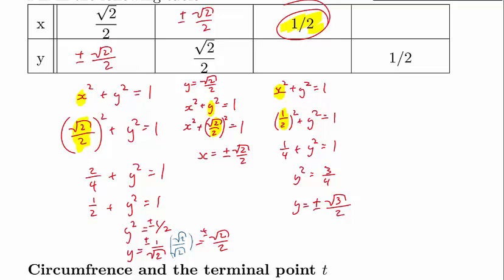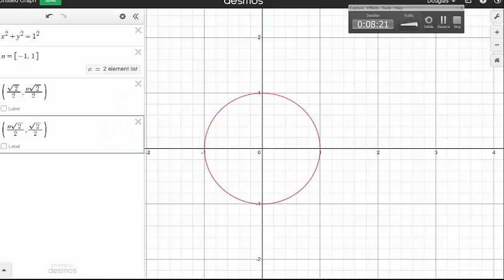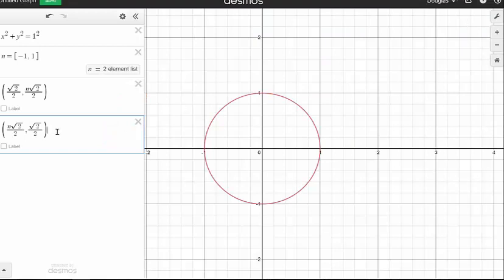Alright, so that is our result. Let's put that in the table. Again, positive or negative root 3 over 2. Okay, so again, we had the x-coordinate was 1/2, and now we're going to say positive or negative square root of 3 all over 2.